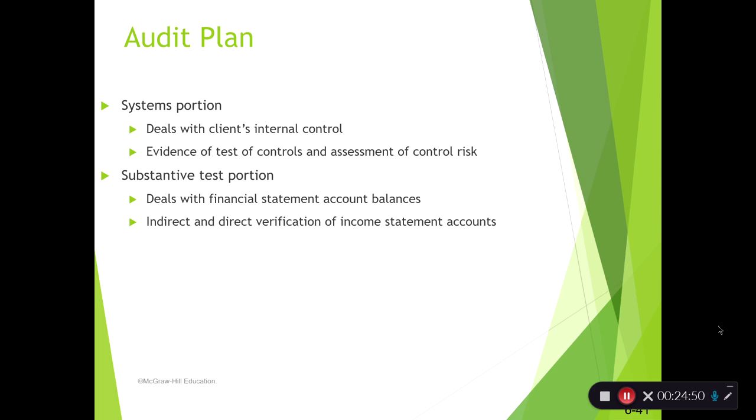Substantive testing portion is when you're actually focused on the financial statement balances. And so there you're going to be doing your test of details of transactions and your test of balances. So that's where we're going to actually get to accuracy of the numbers that are on the financial statements.